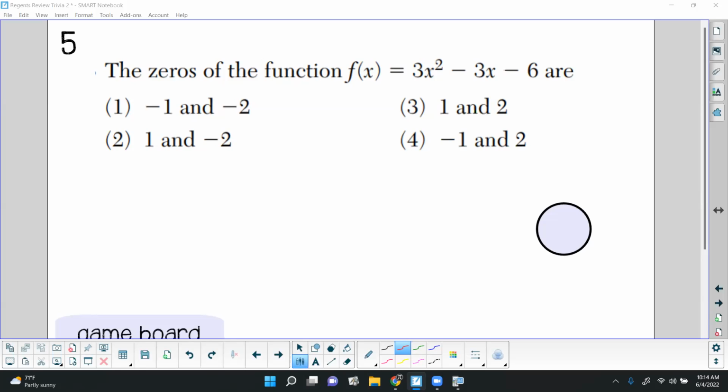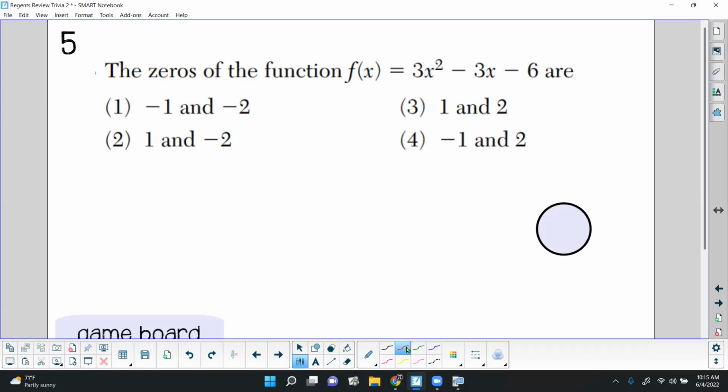Anyone else want to offer a response? Sorry, I keep leaning over here to try and join on this other computer. 1, 4, 4. All right. Okay, I'm going to post up an answer now.